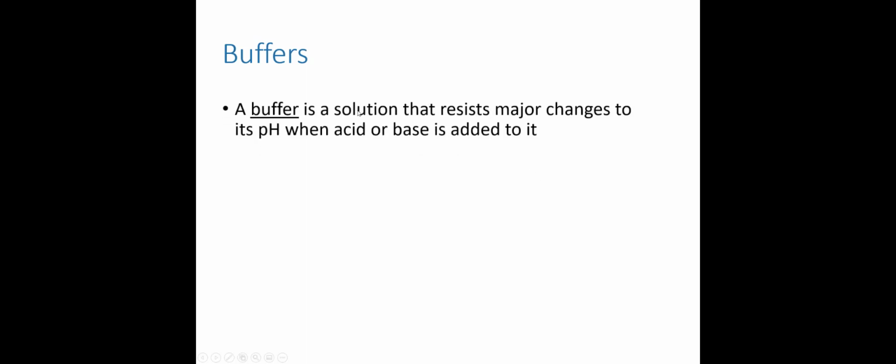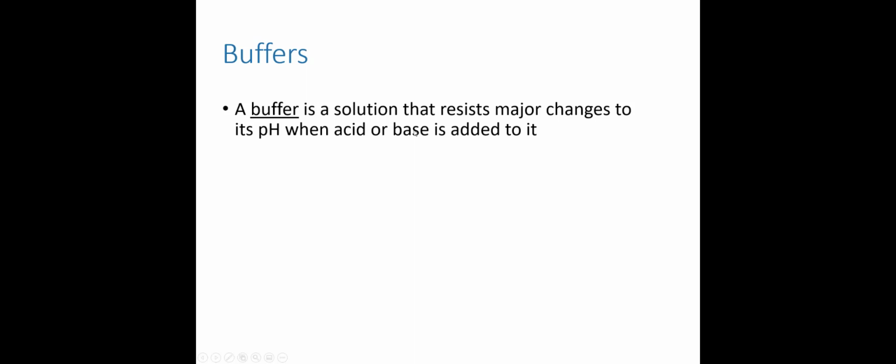The last important topic I'd like to discuss in this chapter involves buffers. We define a buffer as a solution which resists changes to its pH when acid or base is added to it. As we see in the lab, if we take a solution which is neutral, like just plain ordinary water, or a sodium chloride solution, and we add a strong acid to it, the pH will plunge dramatically, even with only a few drops being added.